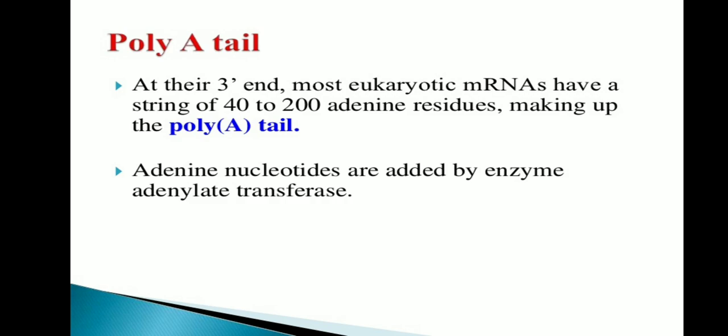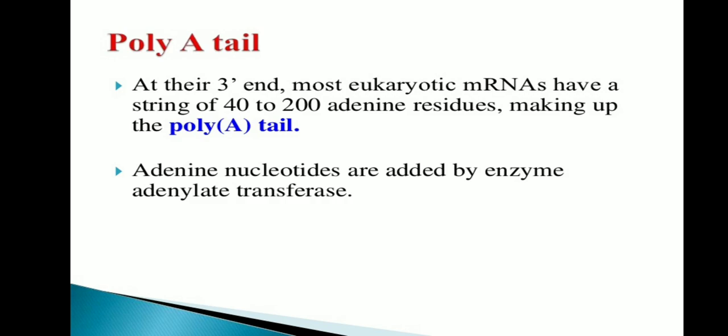After transcription, after the formation of RNA, the RNA comes out into the cytoplasm from the nucleus in eukaryotic cells, and in the cytoplasm there is an enzyme like exonuclease, which can attack the 3 prime end of the RNAs. So these RNAs have to be protected, and the protection is provided by the addition of the poly A tail. Poly means many, A means adenine.